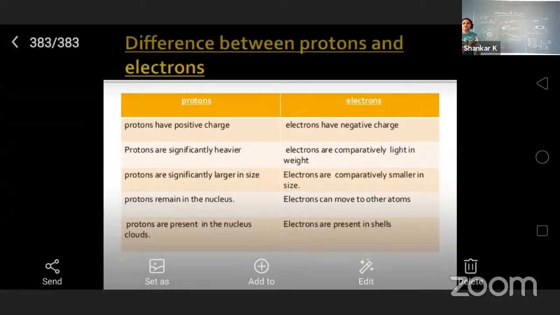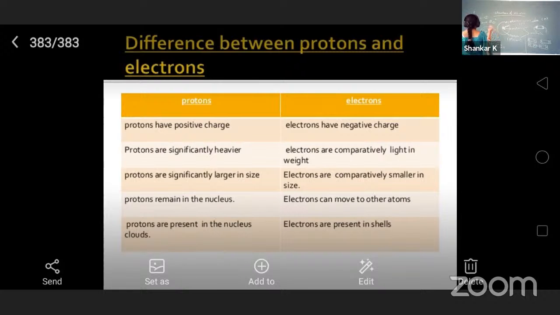You tell me which element has atomic number 9? Fluorine.